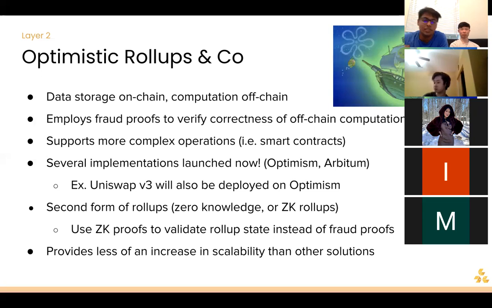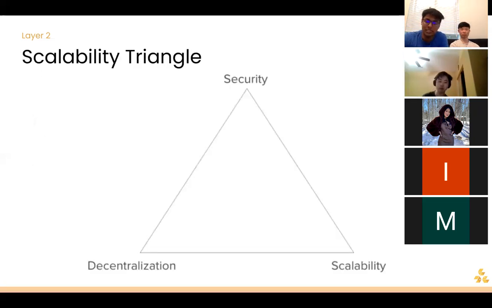But of course, on the other side of the scalability triangle, you have to worry quite a bit about security, and that's why you might have to make trade-offs, like this 1 to 2 week challenge period to get back to finality on Ethereum. Decentralization is again a little orthogonal. Nothing too much is happening there, because as long as you are implementing this right, the level of decentralization of Ethereum won't be harmed at all.